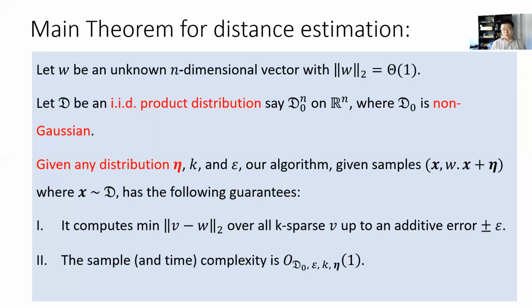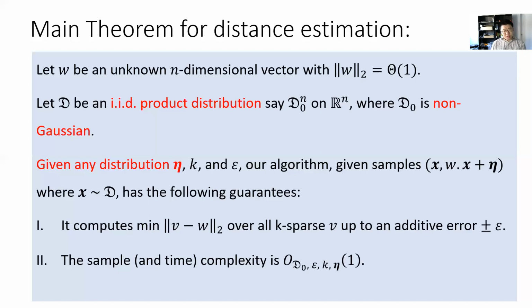It will compute the minimum distance between W and all k-sparse vectors V up to additive error epsilon. The sample complexity of our algorithm is a constant independent of n, but it depends on the entry-wise distribution D naught, the error epsilon, the sparsity k, and the distribution generating noise eta.